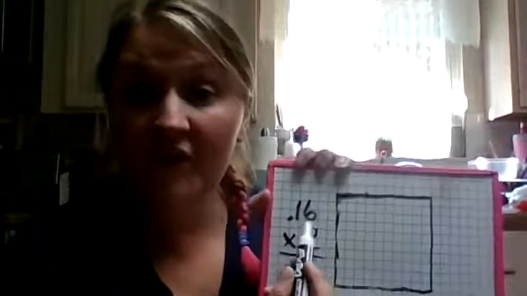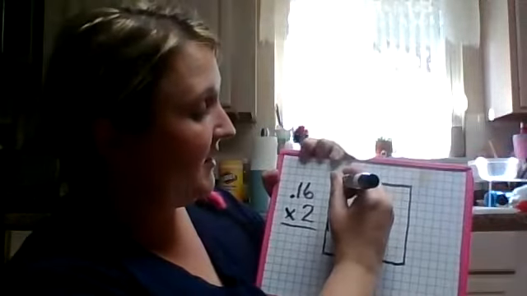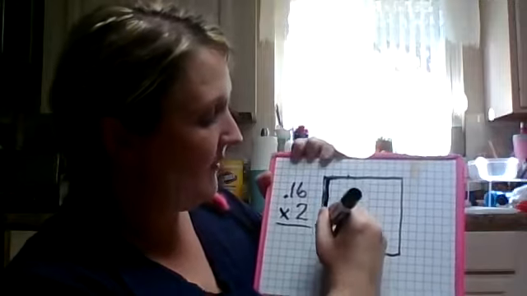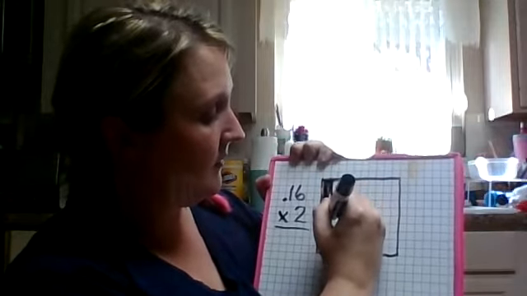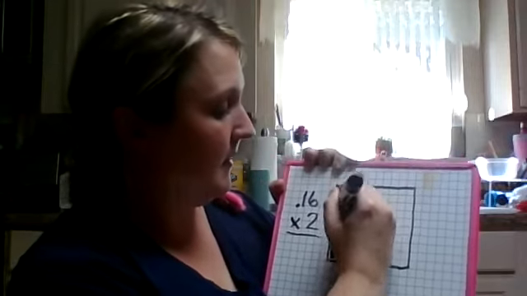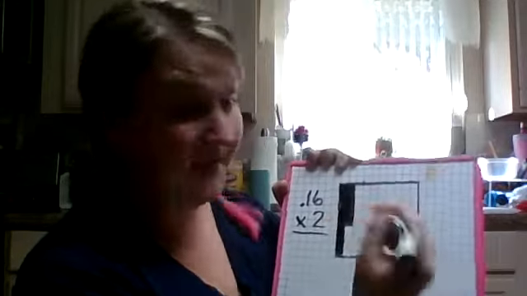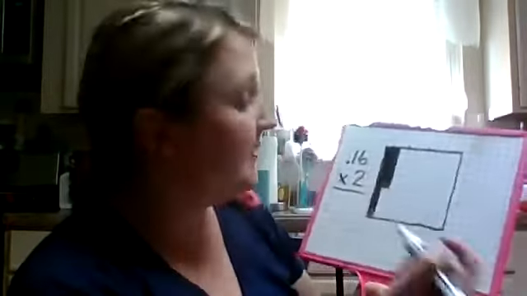That means I'm going to color 16 blocks in 2 times. I know for 16 I need to have 1 full row of 10 plus 6 additional. I did that with my black. Since my blue is not working, I'll just do a little bit different. Then I'd have to fill in another set of 16.